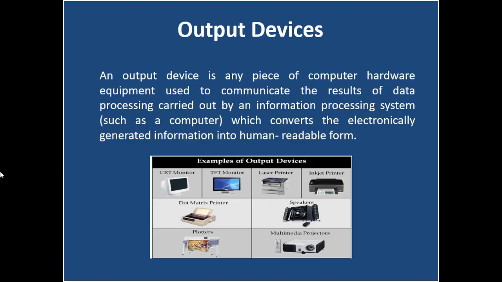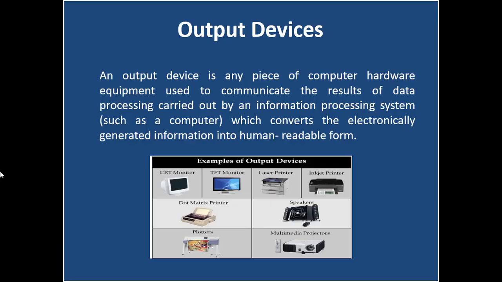An output device is any piece of computer hardware equipment used to communicate the results of data processing carried out by the information processing system, such as a computer, which converts the electronically generated information into human readable format.